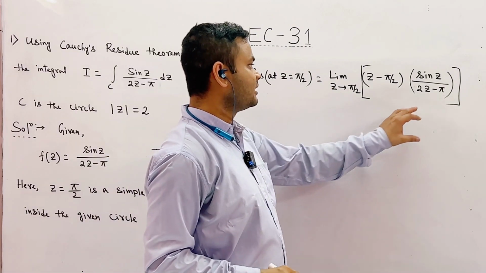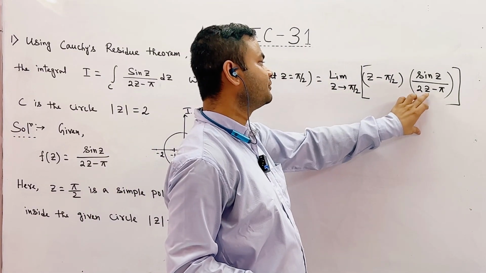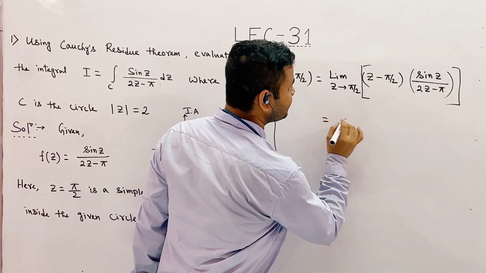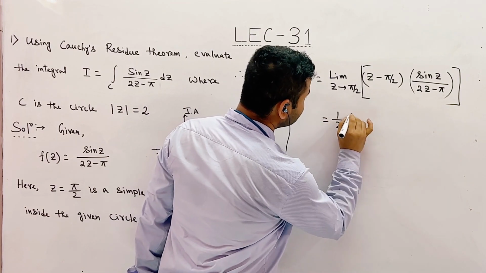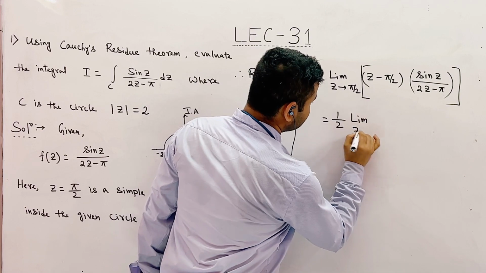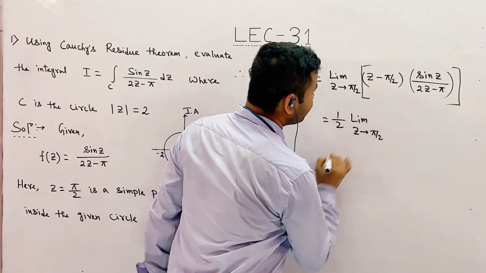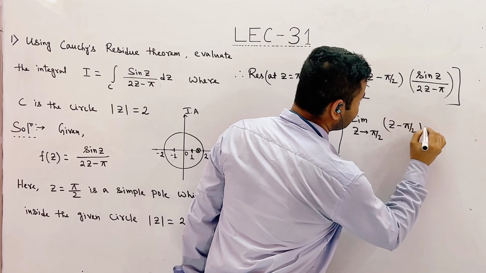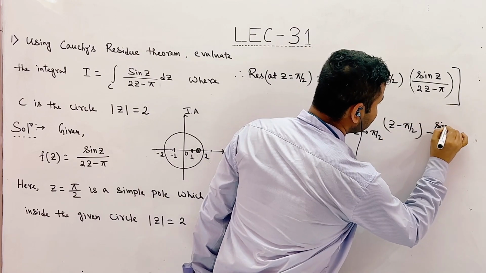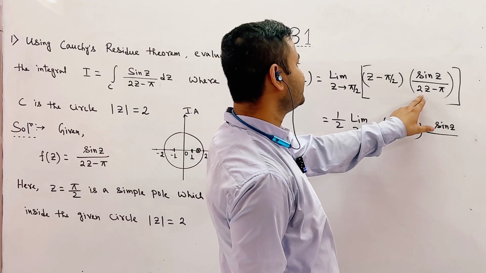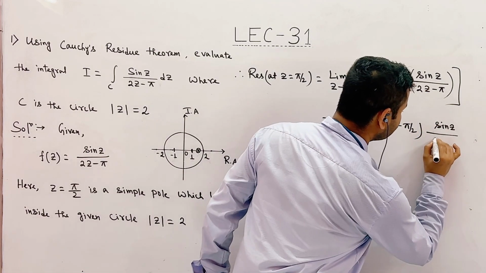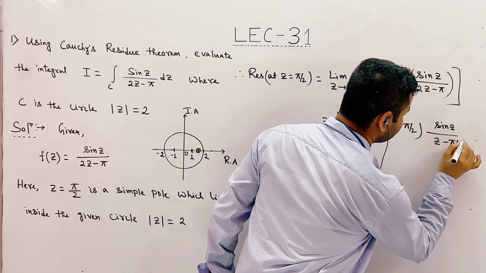Next, let us take common 2 from the denominator of this term. So, we will get 1 by 2 times the limit as z tends to pi by 2 of z minus pi by 2 into sin z divided by, if we take common 2 from the denominator, then we will get z minus pi by 2.